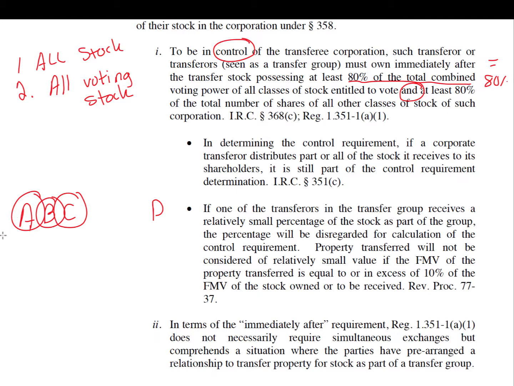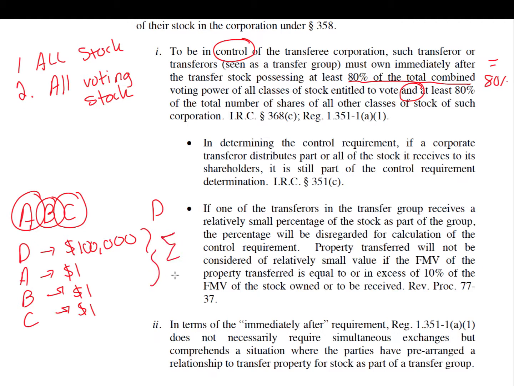But what if D contributed with A, B, and C? Let's say A gives $1, B gives $1, and C gives $1. And again, let's say D is giving 20% worth, which we'll just say is $100,000 based on the value of the corporation. Well, the way the test works is, and let's say they all give it at the same time, we actually sum up their ownership percentage.